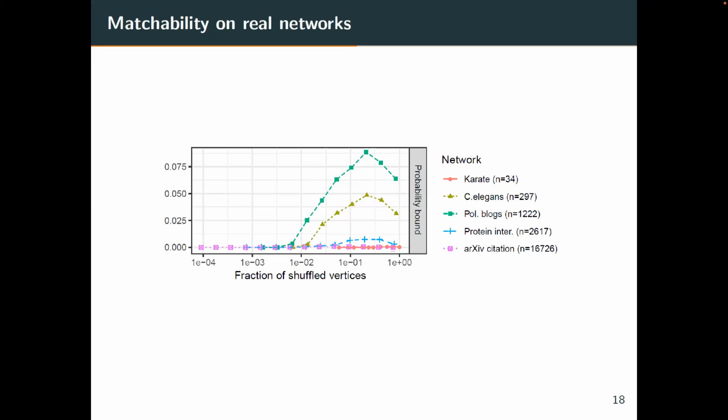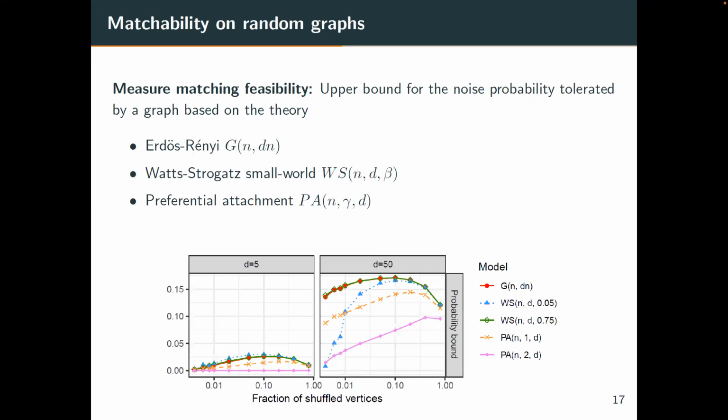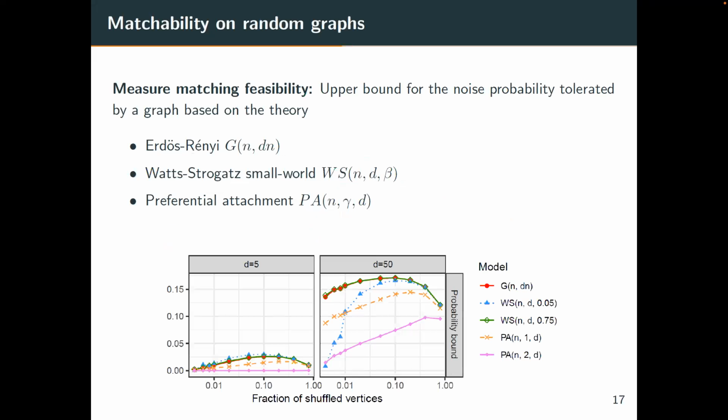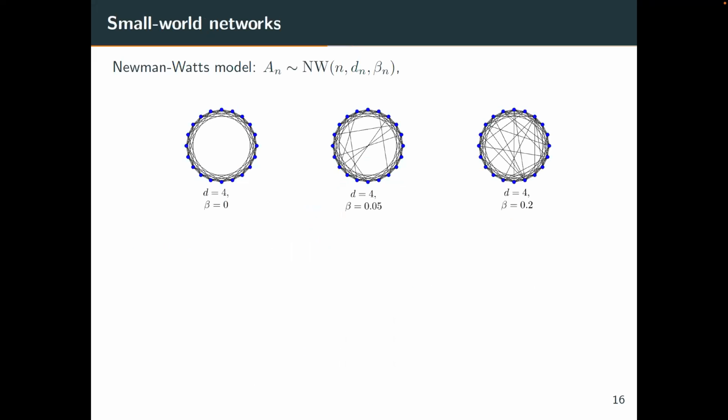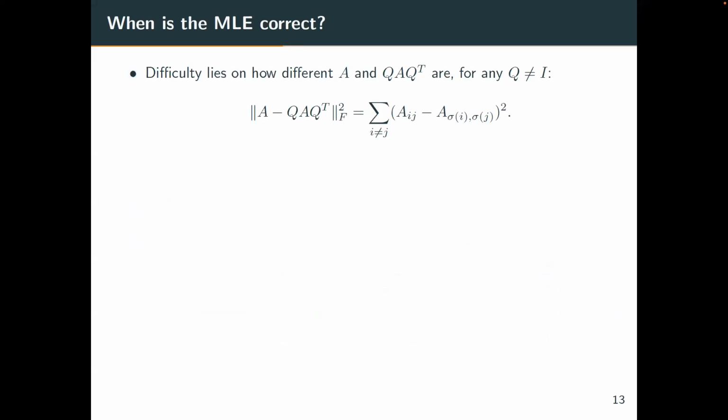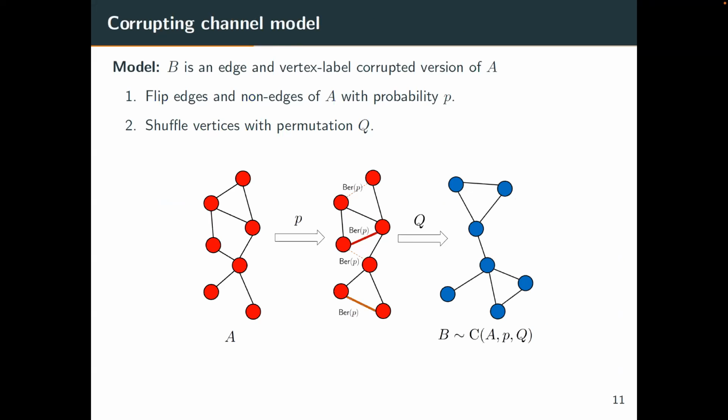Yes. So would 1/2 be approximately the maximum of these graphs here? So when 1/2 of the vertices are shuffled, that's where the probability bound is the largest. Yeah, in that case, let me go back here. When p is 1/2, these two networks are completely different, because each edge is going to be randomly generated with probability 1/2.